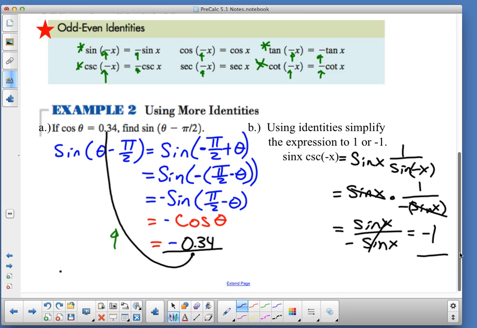And my value is just negative 1 when they're done. Because cosecant's an odd function, I get to make that move of taking the negative here, out to the front side. Okay, so that's why I was able to use that odd-even identity to do that.